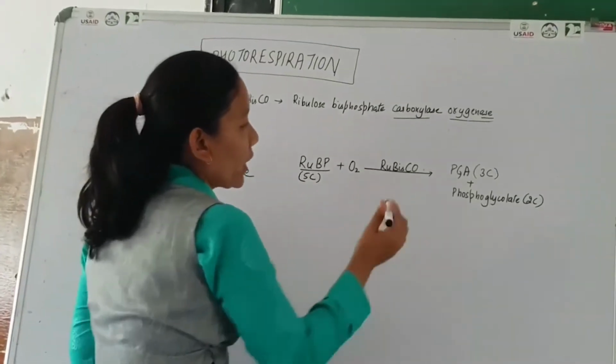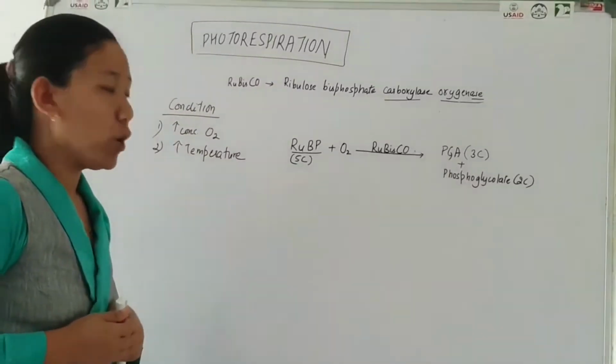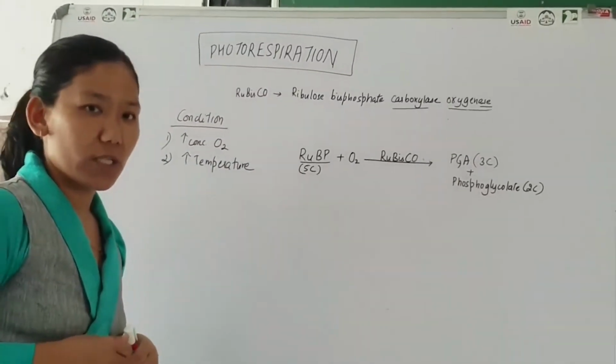So here we get only 1 molecule of PGA and another is that of phosphoglycolate, which is not used during the photosynthesis.